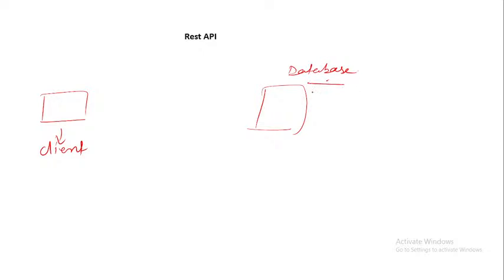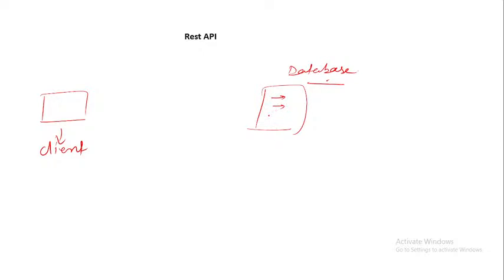So if I go to the pictorial representation, you have a client. So let's say there is a user, this is the client, okay. And there is a database where some information is stored.